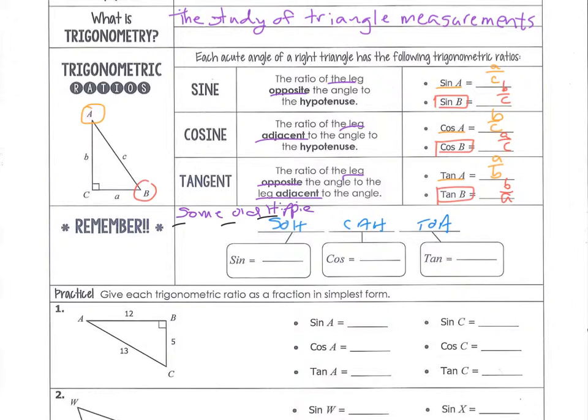Next one, C-A-H: caught, C for cosine, A for adjacent, and H for hypotenuse, another hippie. Some old hippie caught another hippie.